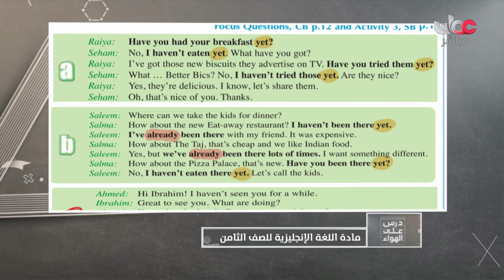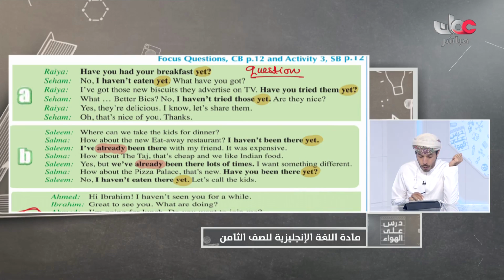So here we have a question. Good. Question. وتعني بعد. Have you had your breakfast yet? هل تناولت طعام الفطور بعد؟ Yes or no? No, I haven't eaten yet. I haven't eaten yet.